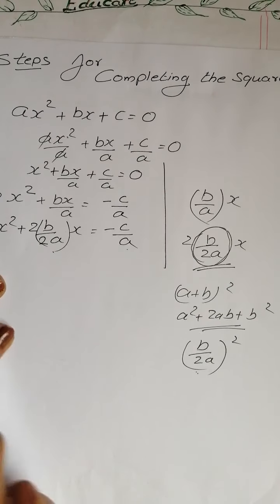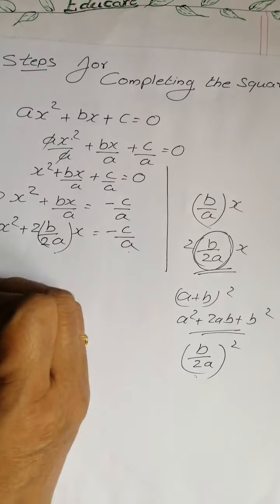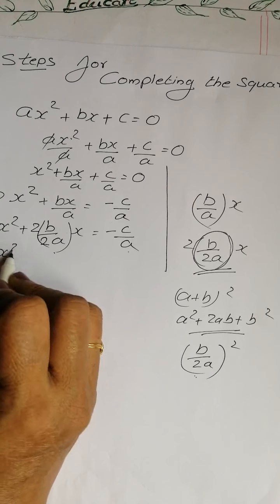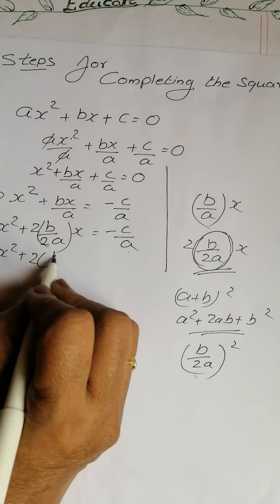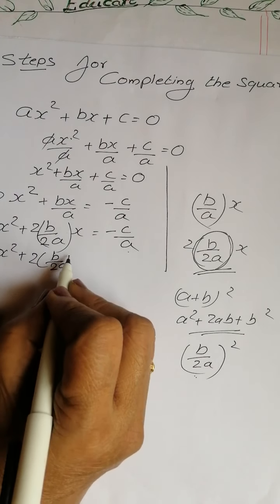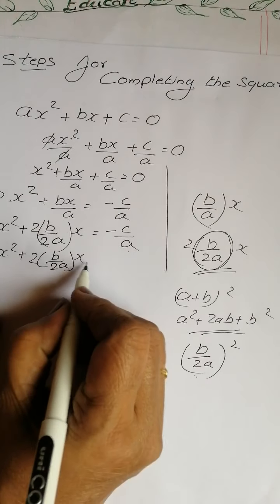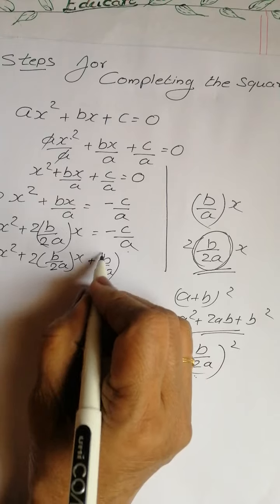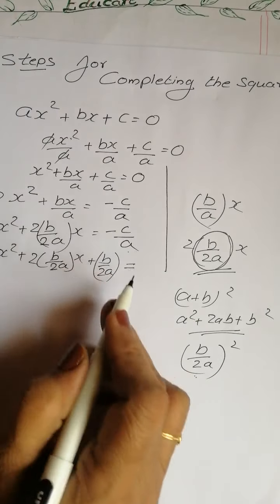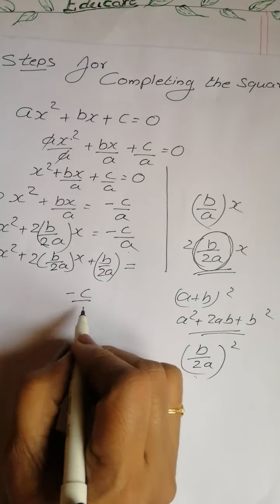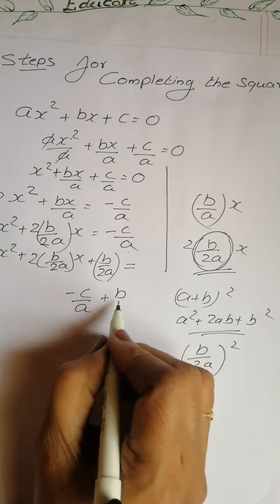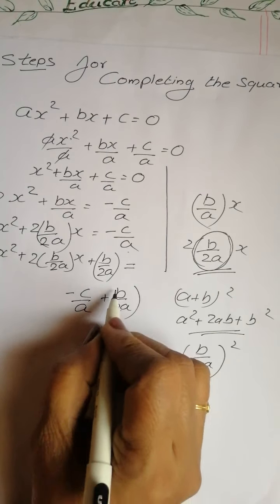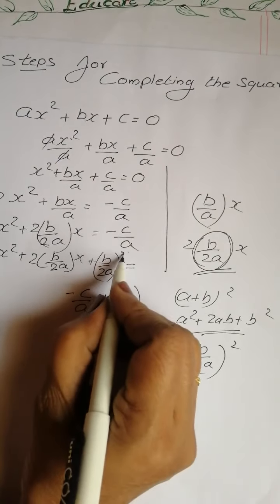Concentrate on this one. It's very easy. So my equation will become x square plus 2 times b by 2a x, I am adding this here, b by 2a the whole square, equals to minus c by a plus b by 2a the whole square.